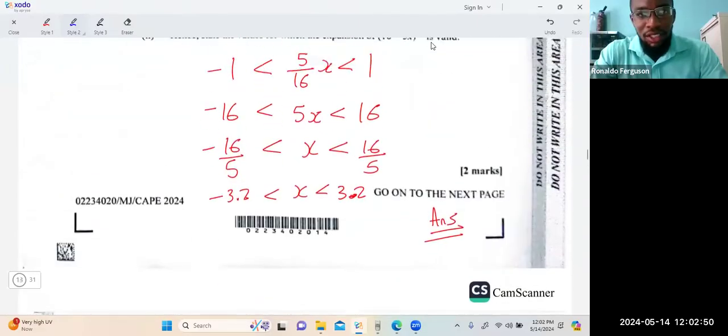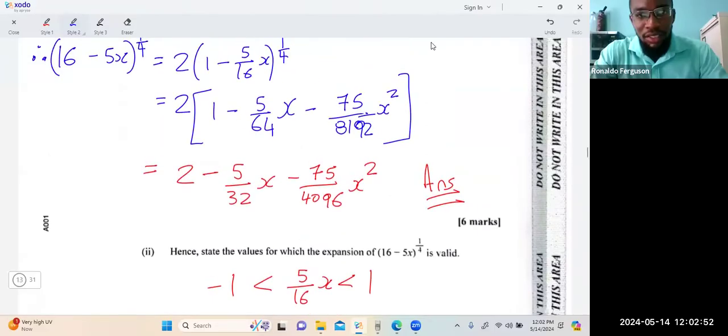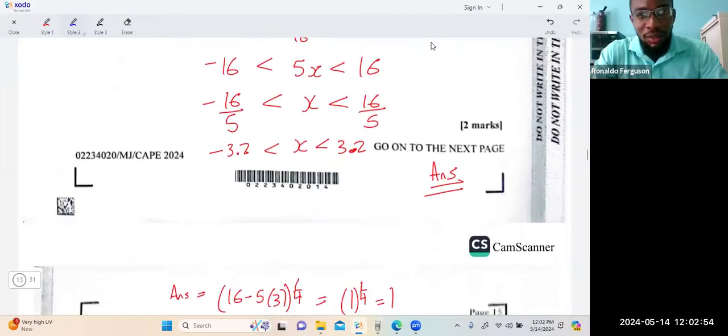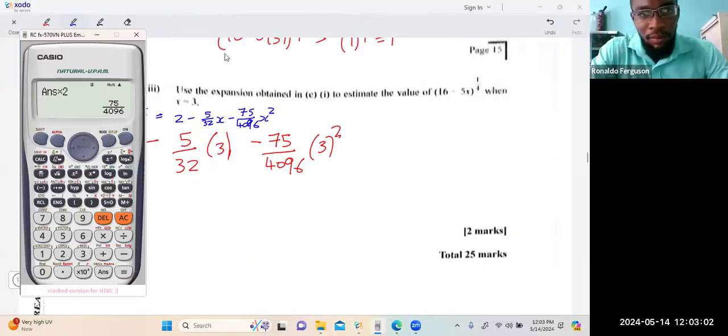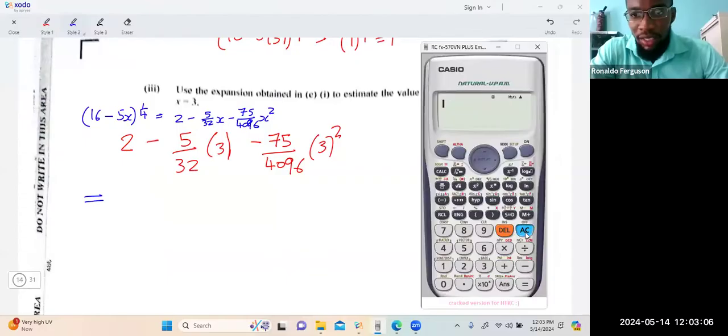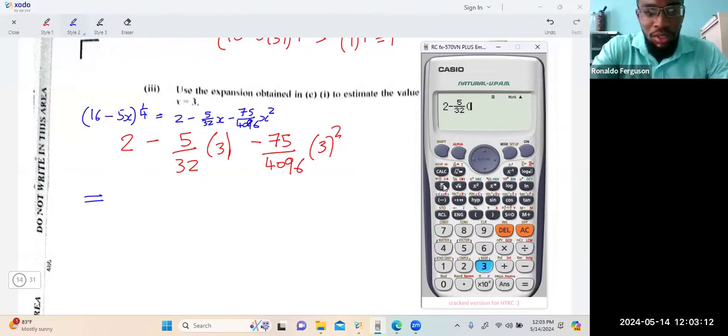So it's the expansion. This was the expansion you got. 2 minus 5 over 32 minus blah, blah, blah. And now we're going to evaluate this by plugging it in. So now we plug it in. 2 minus, we should get somewhere close to 1. 5 over 32 times 3.